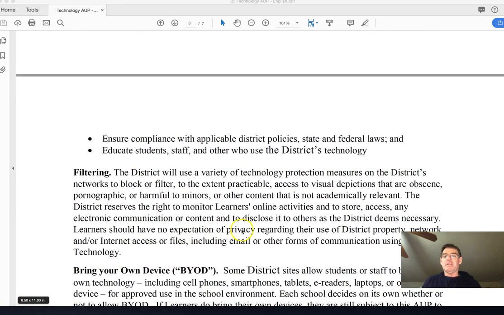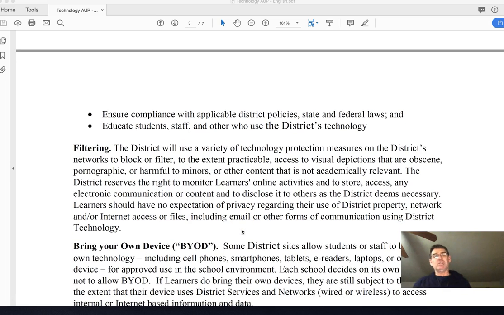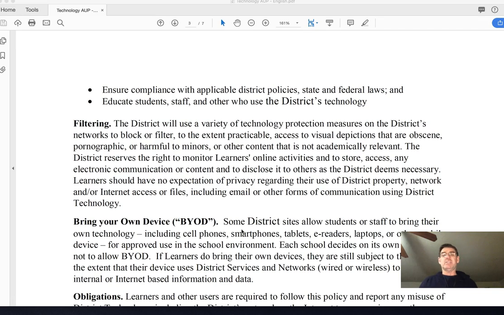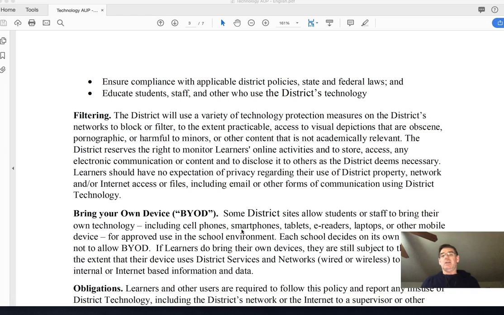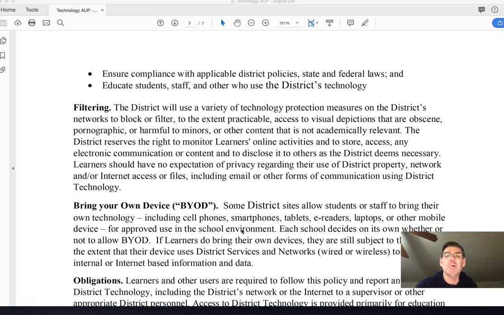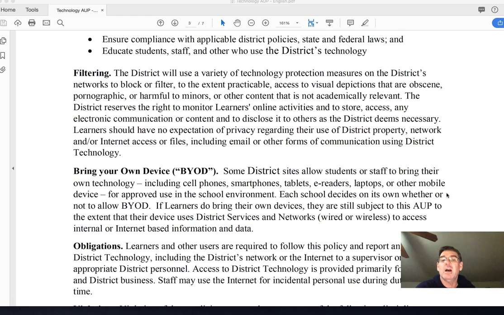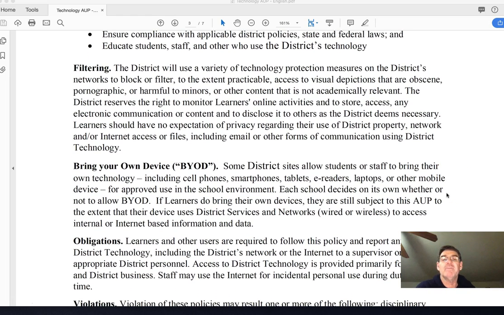Be aware that the district is filtered, which means that the district has a filtering program that examines where you go and what you look at, and they keep aware of these things so that they're being certain that the people who do business, do education, do academics in their environment are being lawful, and they're following those rules.